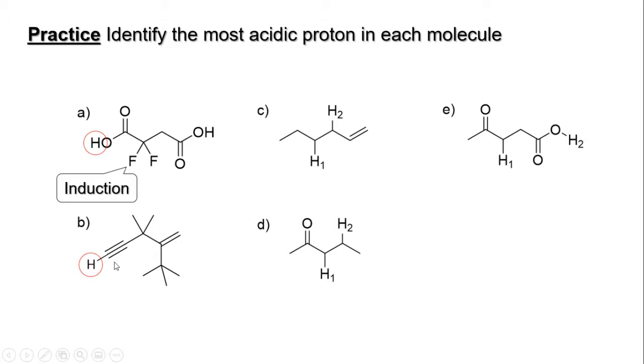Okay, inductive effect? No electronegative atom nearby, so we can't use that either. The only difference is this carbon is an sp orbital. The negative charge on this carbon is going to be closer to the nucleus of this carbon and stabilize the negative charge more than an sp2 carbon can. Okay, so orbital effect there.